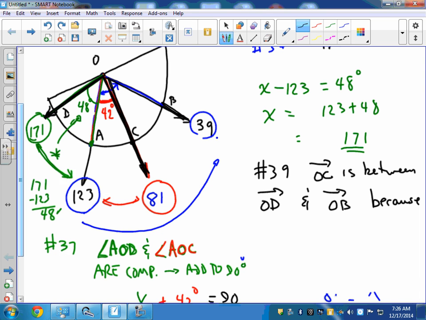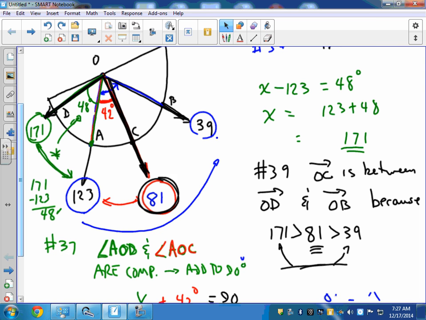The coordinate of OC, which is 81, is going to be between, right? It's going to be smaller than 171 and bigger than 39. So the coordinate of this ray right here is a number, and it's between these two. Remember, when we say between, we don't mean it has to be exactly right in the middle. That's the bisect idea. Between just simply, if you were to add up this angle here and this angle here, you would get the large angle. Right? So the coordinates, one has got to be between the other two.